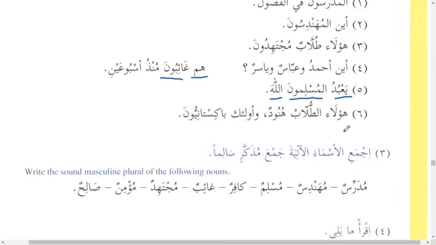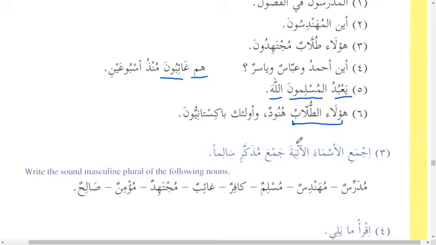Now the next one is a nominal sentence, starting with ha'ulai. Here, ha'ulai tullabu is a complete construction. We cannot break it. Why can we not break it? Both of them are proper nouns, and it's called murakkab.